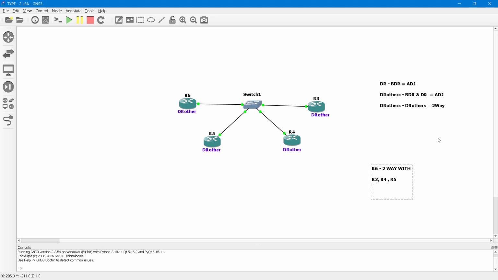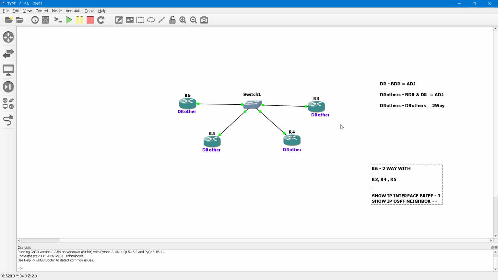And when we use the command show ip interface brief, in the entry we'll see three interfaces, which will be R3, R4 and R5, with respect to R6. And also when we use the command show ip ospf neighbor, there also we will see three entries, entry 1, entry 2 and entry 3, right?